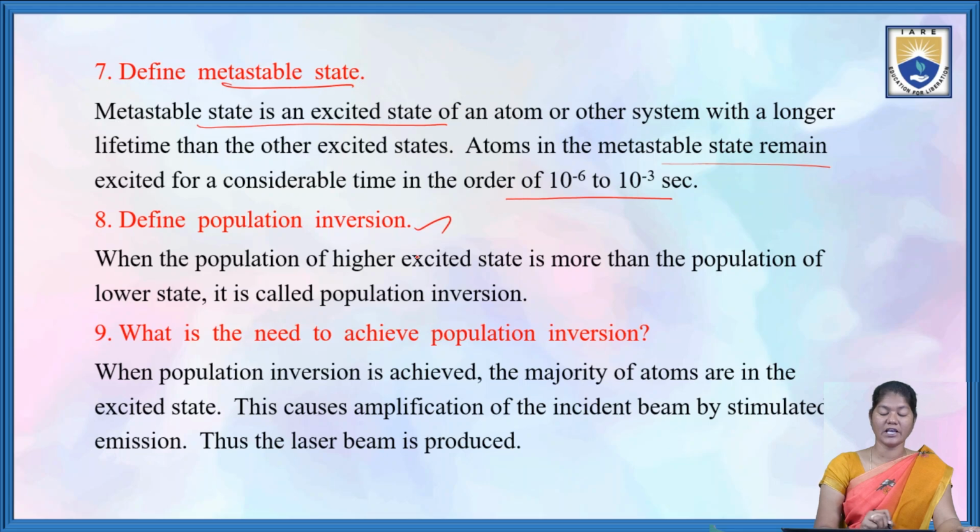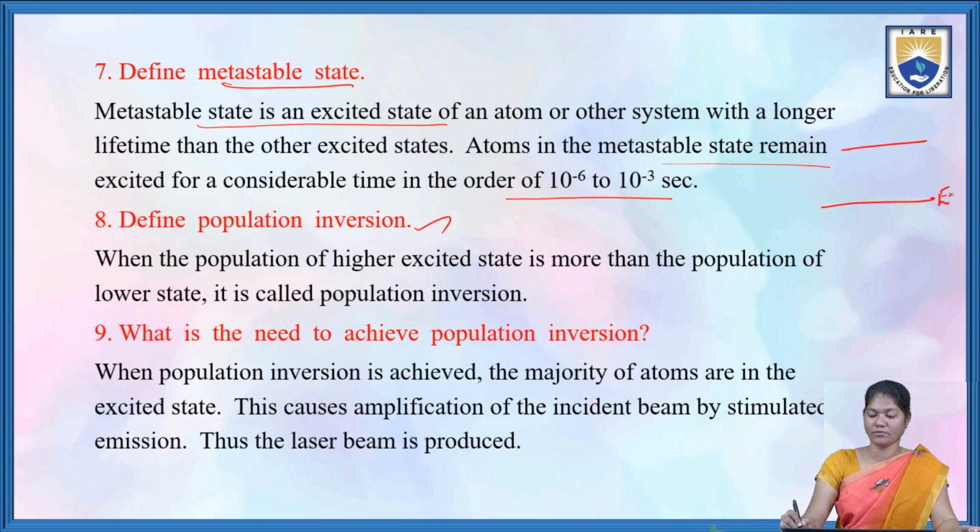Define population inversion. When the population of the higher excited state is more than the population of the lower state, it is called population inversion. Generally, the ground state energy level has more population compared to the excited state.